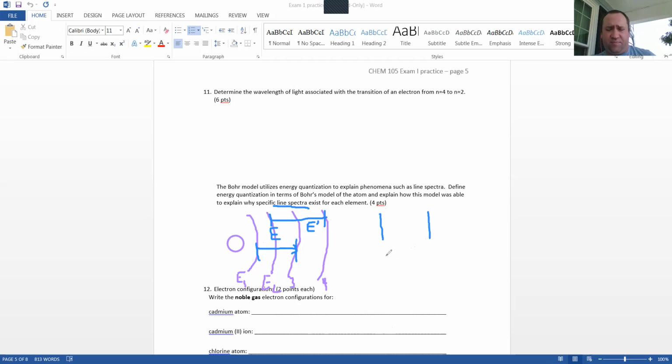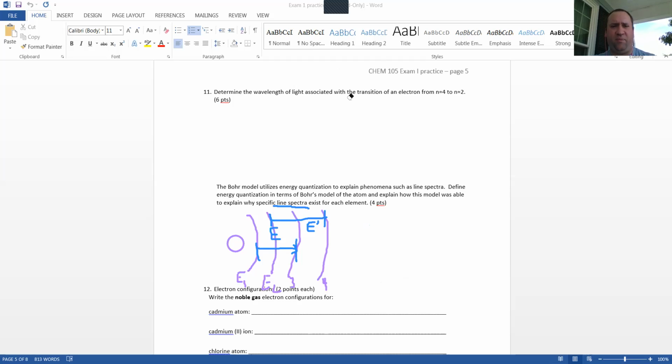Since that's the case, we're not going to see a continuous spectrum for any element. We're going to see a series of lines based upon how many different transitions take place and what the energies of those transitions are. And obviously not all the lines are going to be blue. I'm just being lazy here and not changing up my colors.